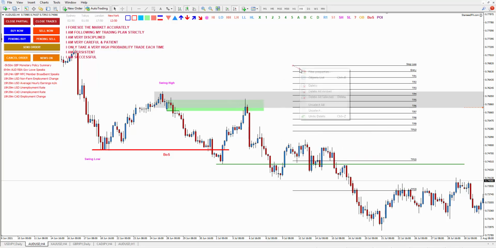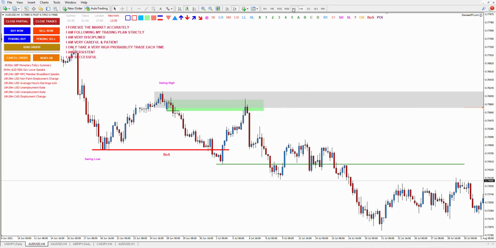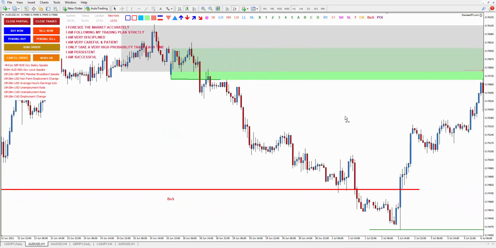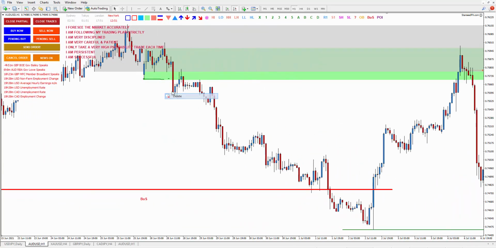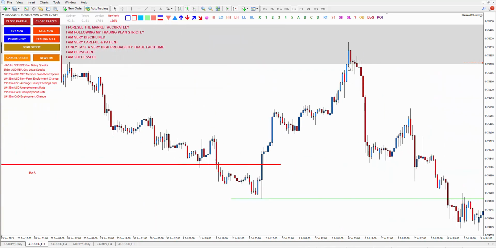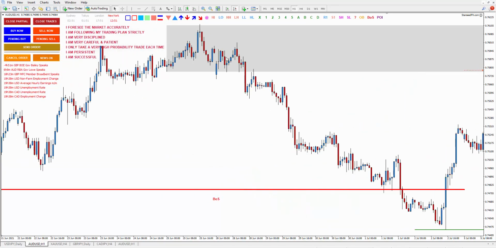All right, let's try going to H1. So what happens if we go to H1? Now let's just remove this from H4. Okay, now the moment the price touches this order block, your alert goes off, right? Once this happens, look left, see if there is a very nice order block that has not been touched yet. So there are two over here.